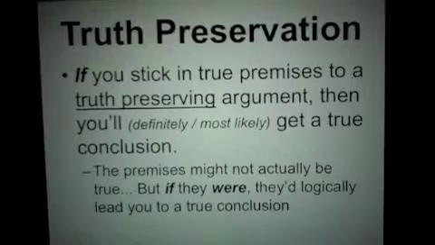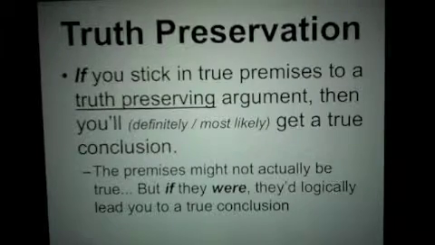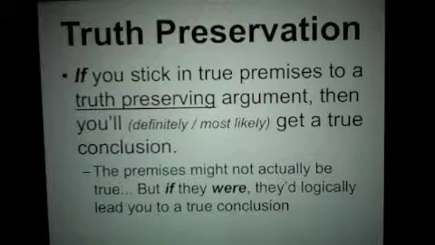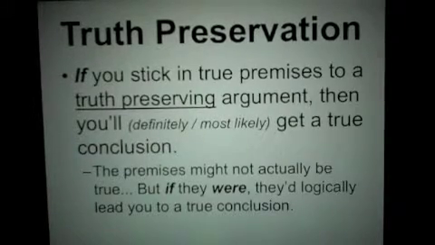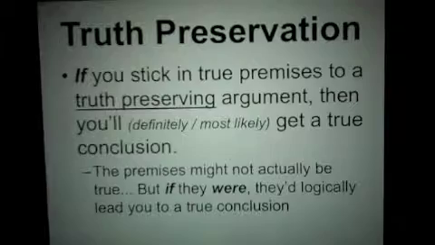An argument will still have a good structure regardless of whether the premises you stick in are actually true or false. That is, an argument will be truth-preserving in this way, regardless of whether the premises are actually true or false. So, the idea is if the premises were true, they'd logically lead you to a true conclusion.